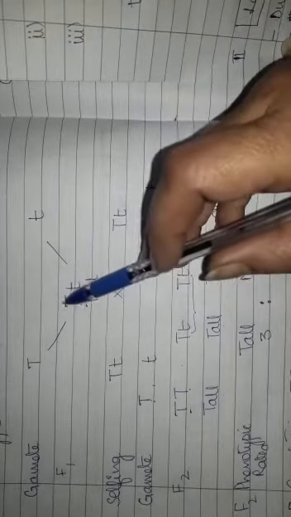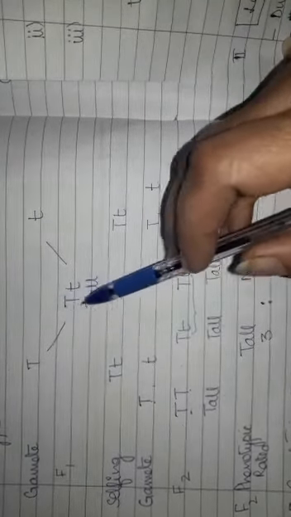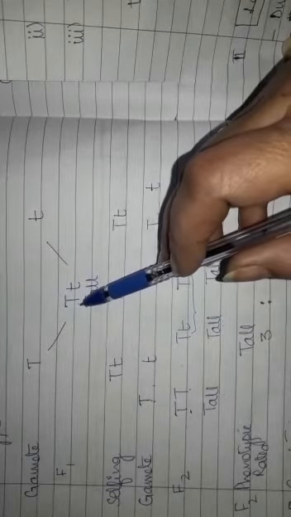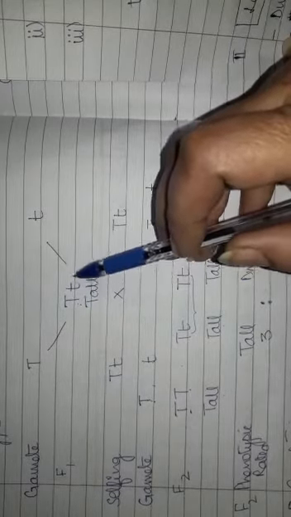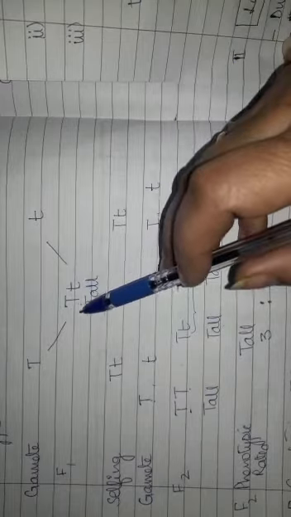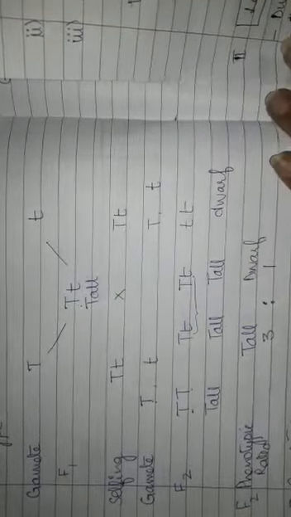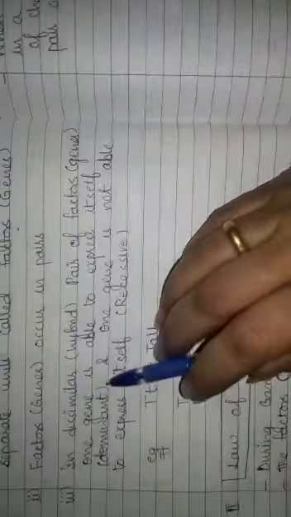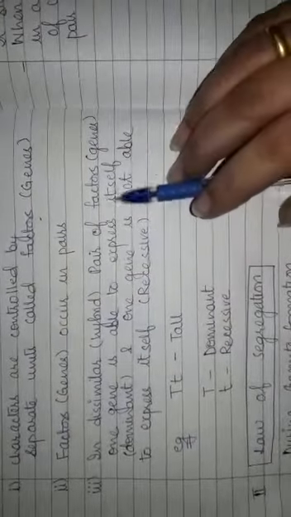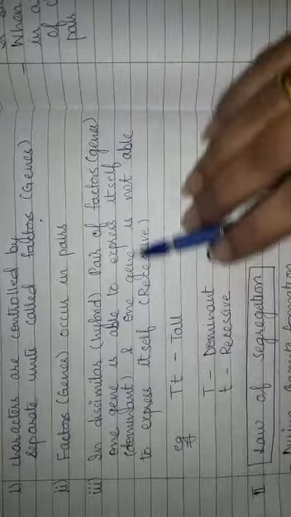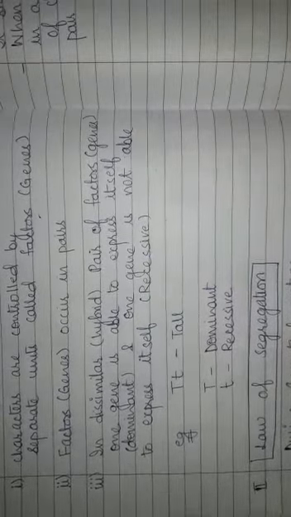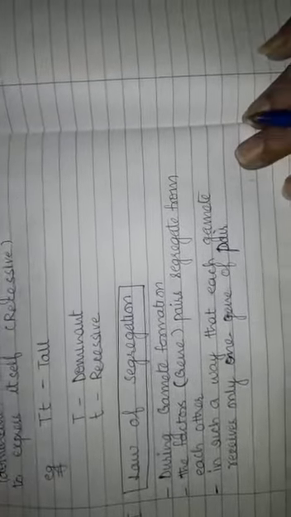It means capital T has expressed itself, so it is the dominant gene, and small t is unable to express itself in the presence of this capital T, so this is called recessive gene. In a dissimilar or hybrid pair, the gene which is able to express itself is called dominant, and the gene which is not able to express itself is called recessive.